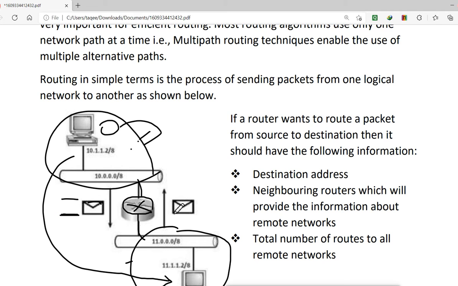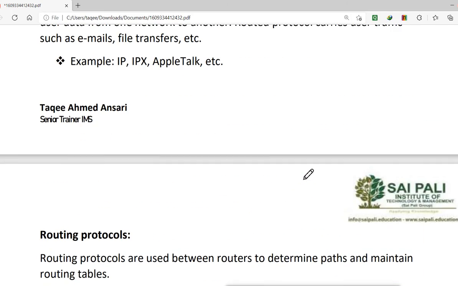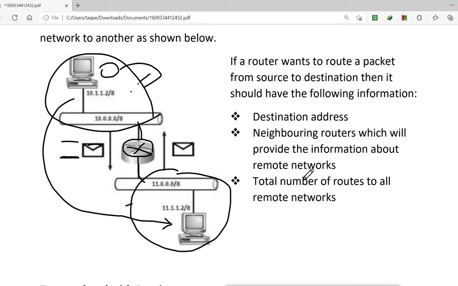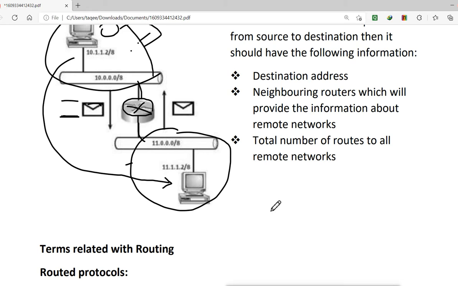Now how it works? Basically what happens? Suppose this is our network here, and we have two machines connected here, and now we are connected to router also.